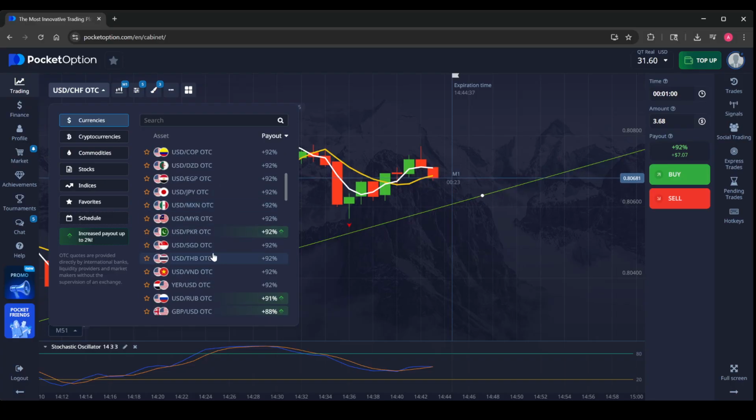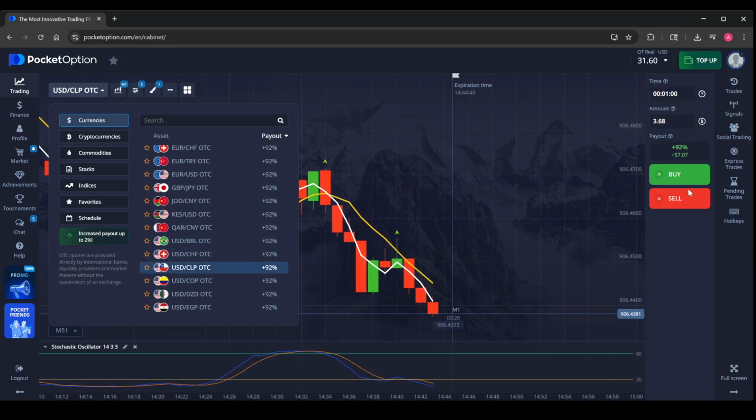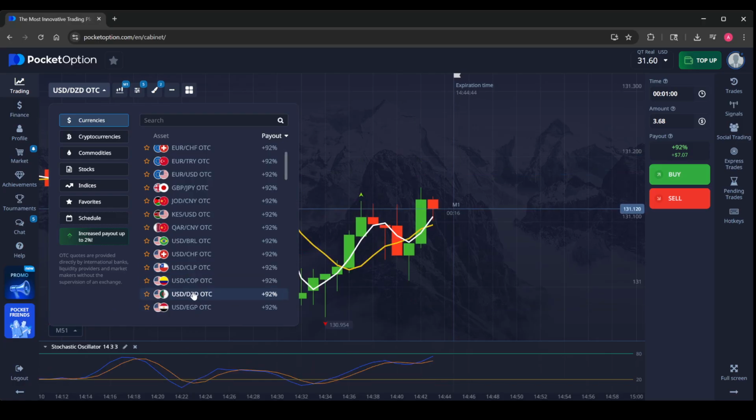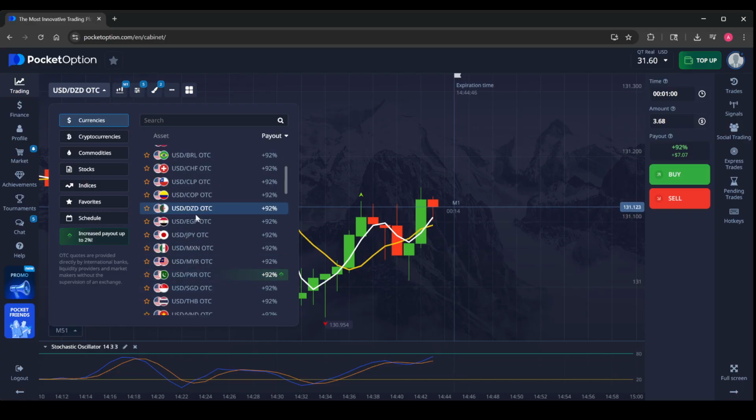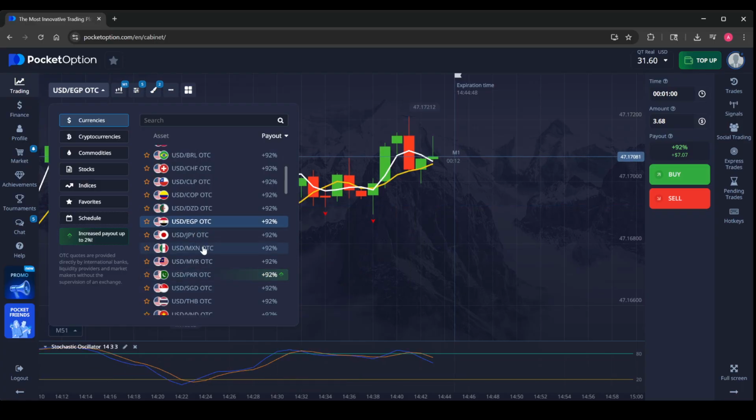If the trend is going upwards, then try to find buy opportunities. If the trend is bearish, then try to find sell opportunities. It will dramatically increase your chance of winning.